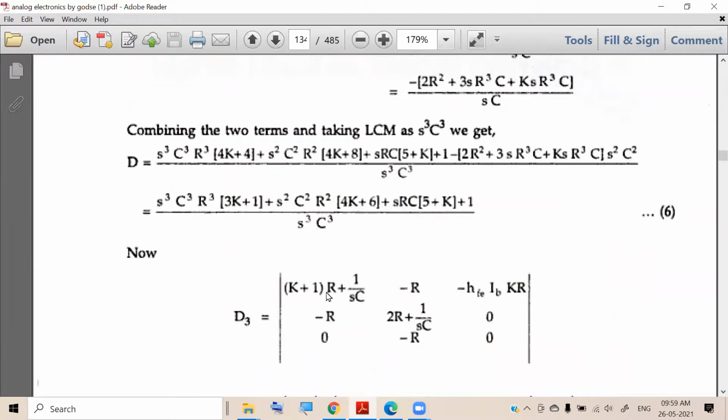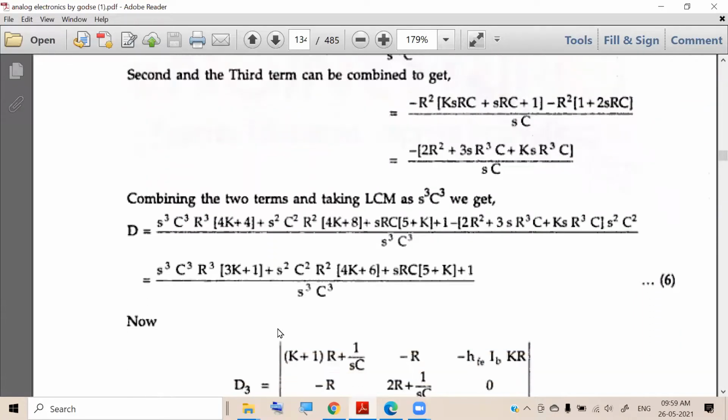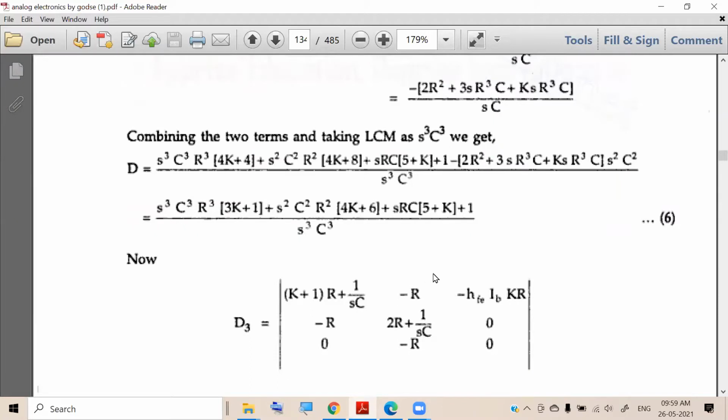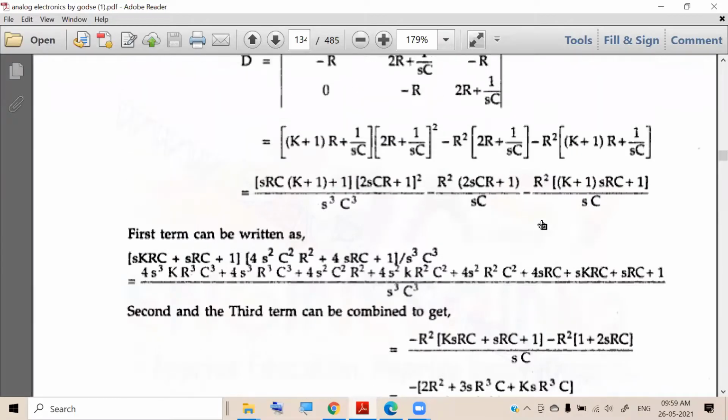So these six terms are the same as in D. Only the third column is replaced with the RHS of the three equations.